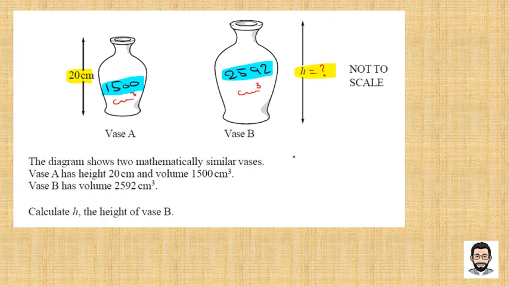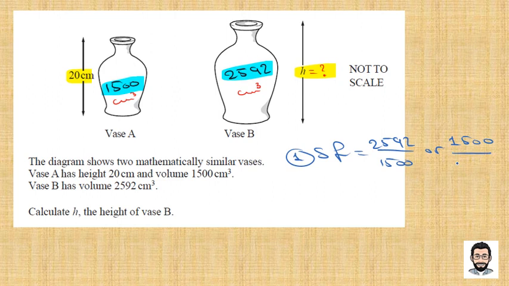So we're going to write here number 1, the scale factor equals 2592 over 1500, or 1500 over 2592. And it's easier to write it in the simplest form.